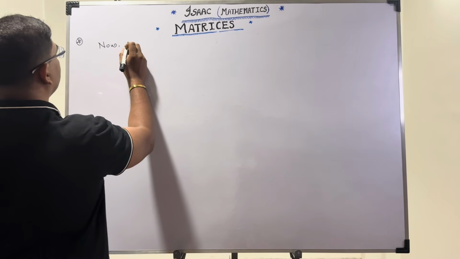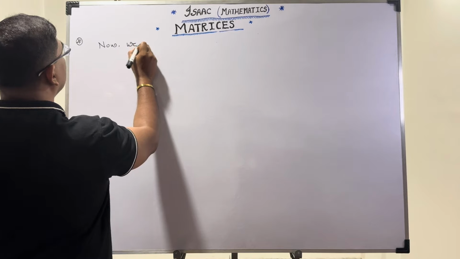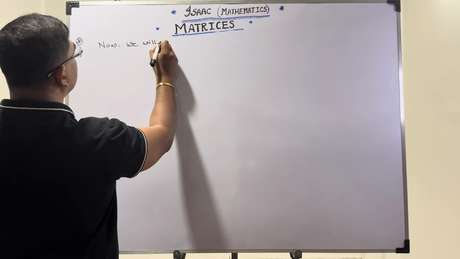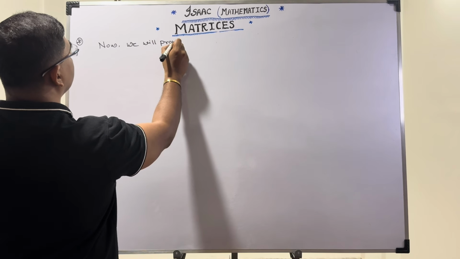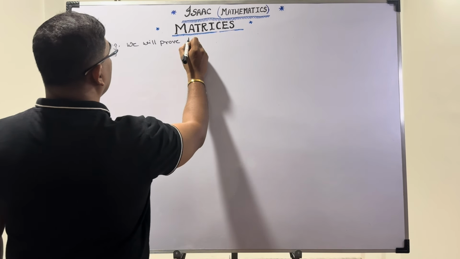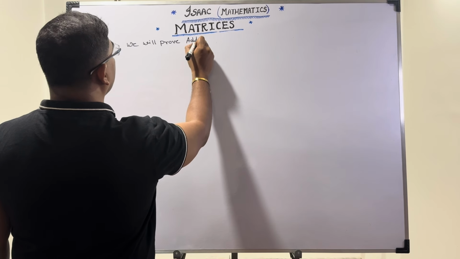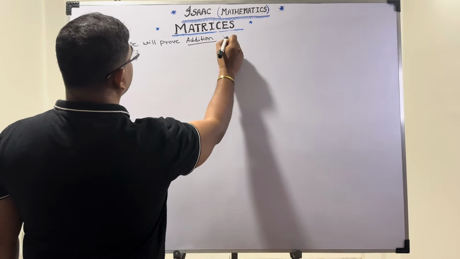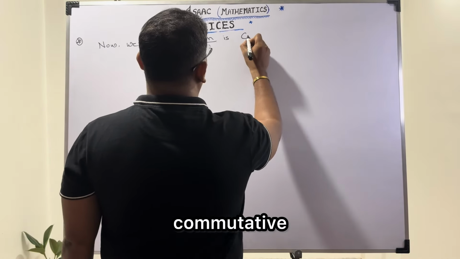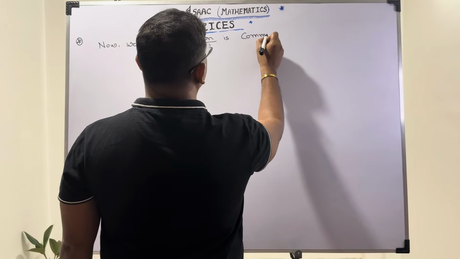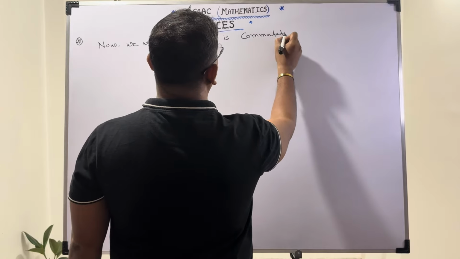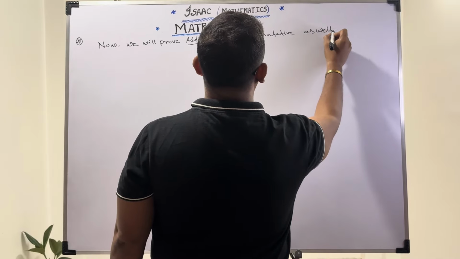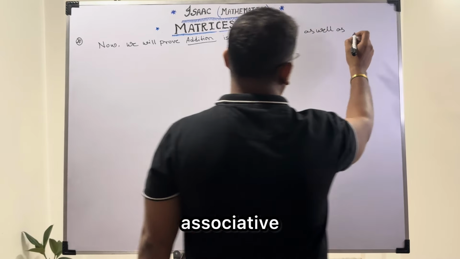Now we will prove addition is commutative as well as associative.